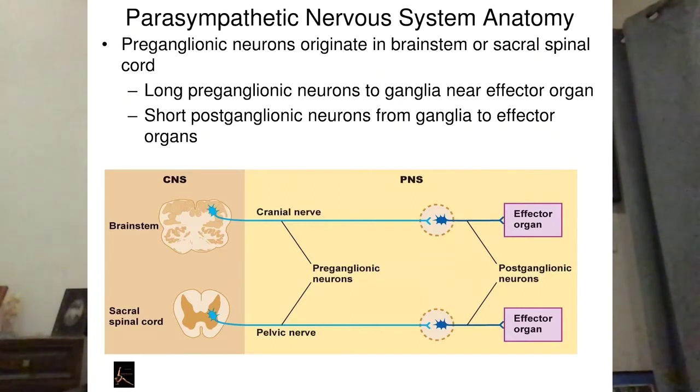The preganglionic neurons of the parasympathetic originate from the brainstem or the sacral spinal cord, and they tend to be long because they're going all the way to the effector organ. Therefore, the postganglionic fibers are pretty short.